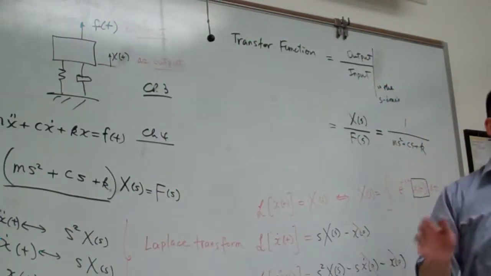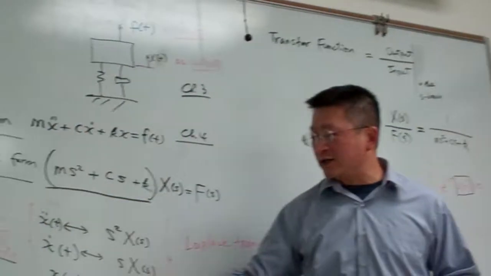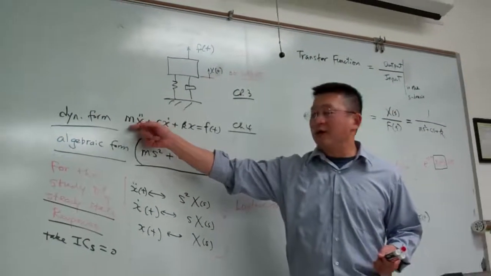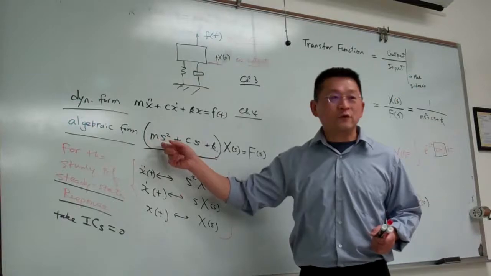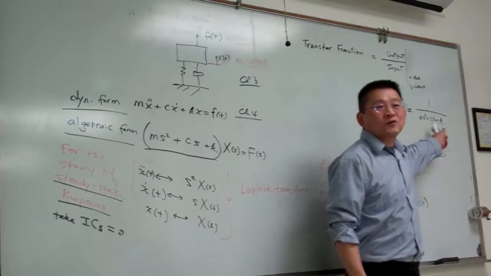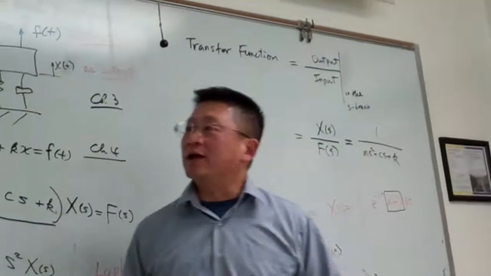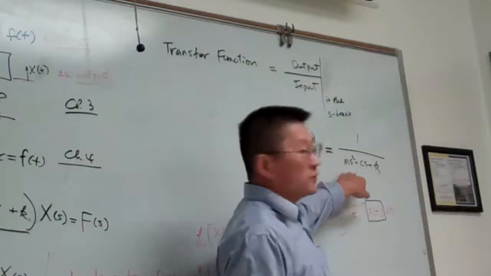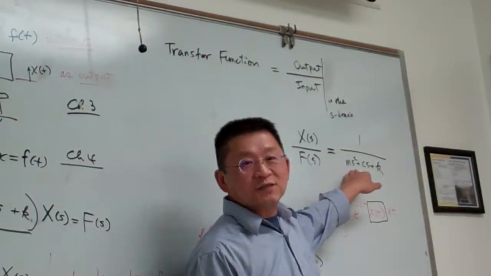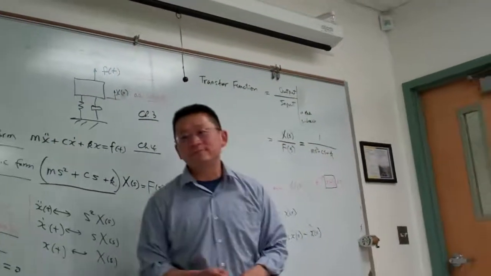For all kinds of dynamic systems, as long as you can plug into this table and convert from the given equation of motion into this algebraic form, you can right away write out the transfer function. So today we stop here, and coming up Wednesday, we're going to start from here to see how we can utilize this function to do something for our vibration. Okay, thank you.